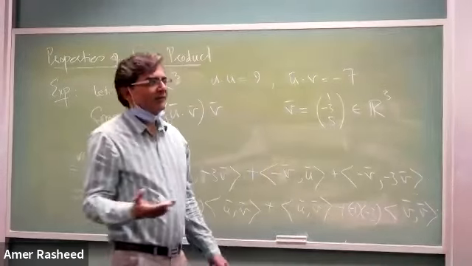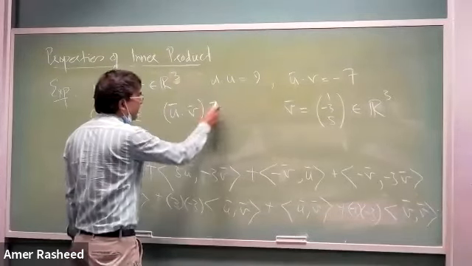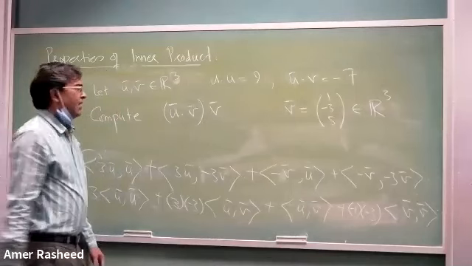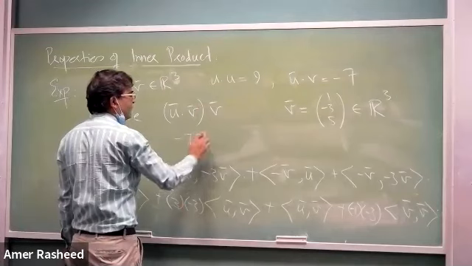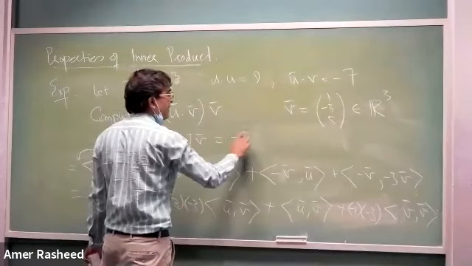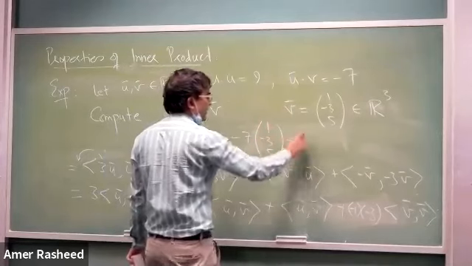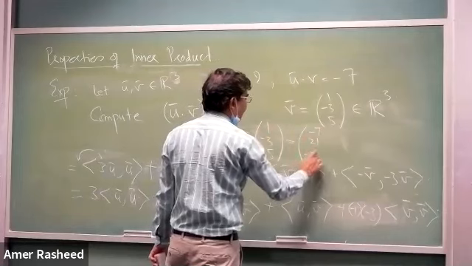Now you have to multiply a scalar with the vector v. Because your u dot v is -7, so -7 times v. It is nothing but (-7, 21, -35).